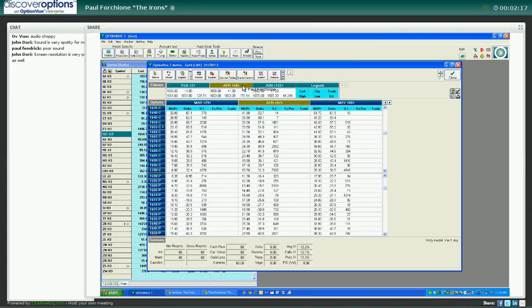An iron butterfly that's neutral would be the sale of an at-the-money straddle. The at-the-money strike price would be essentially the 1665 strike, where we would sell a call and sell a put, both with the same strike price.